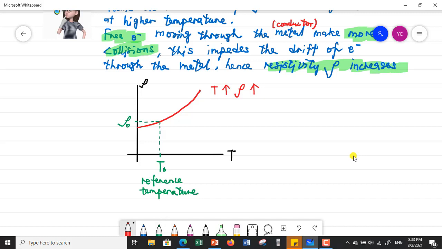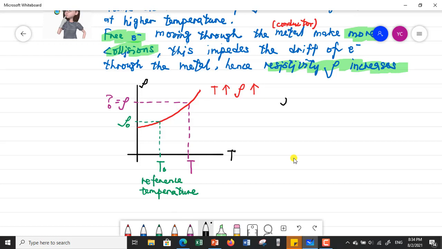As the temperature increases, our resistivity increases. So when my temperature increases to T, what is the value of the resistivity at temperature T? We can relate it with the reference resistivity at the reference temperature, whereby we have this equation.